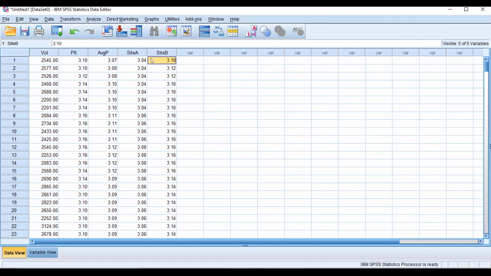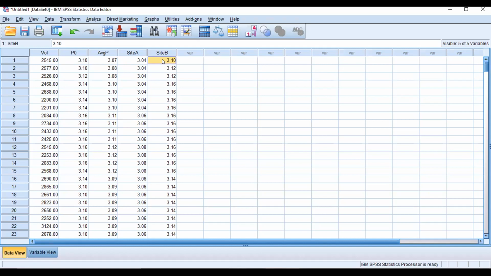Here, for site A, my hypothesis is whether this company, suppose I'm taking the example of Hindustan Petroleum, is adopting a similar pricing strategy in both areas.